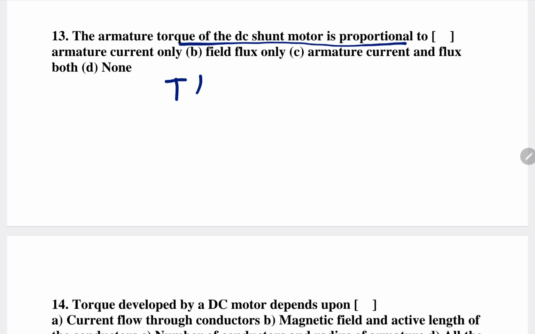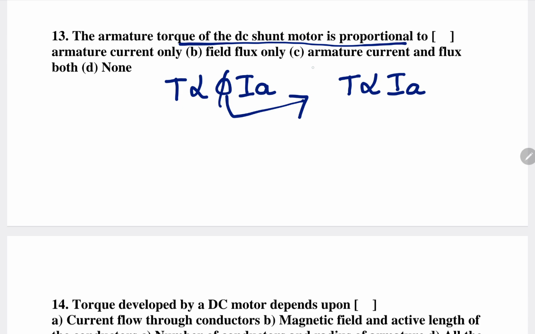We know T proportional to phi Ia. But in the case of the DC shunt motor, flux remains constant. The DC shunt motor is a constant flux motor, also called a constant speed motor. Flux is not going to change. Therefore, in a shunt motor, the torque is proportional to armature current only. The answer is A.